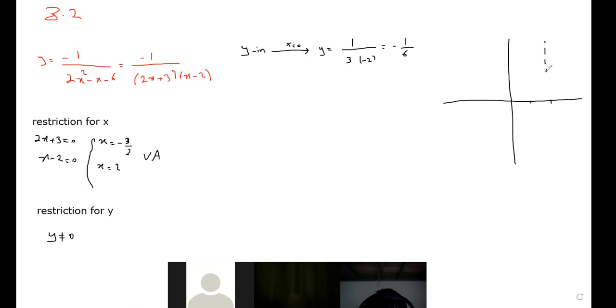This is x equal to 2. -3/2 is -1.5, so it's there. x equal to -3/2 is your other vertical asymptote. The horizontal asymptote is here. Restriction for y, right? This is my horizontal asymptote.